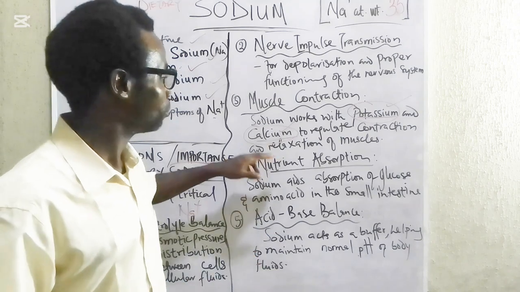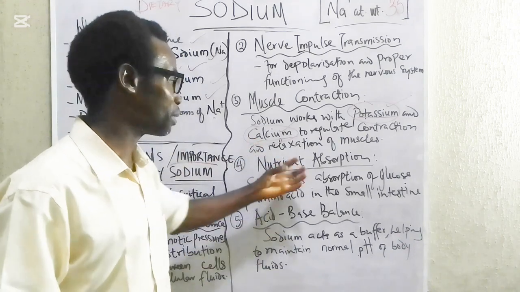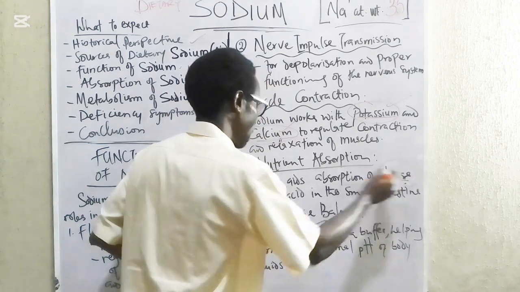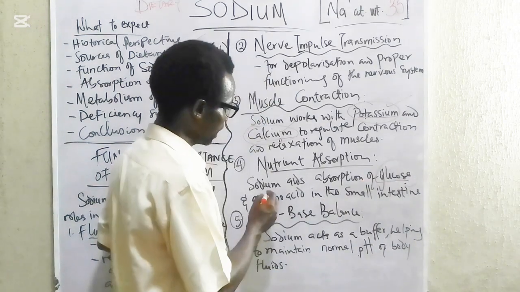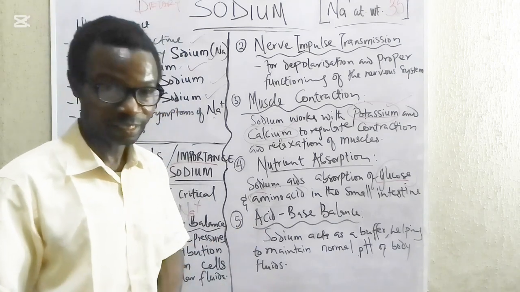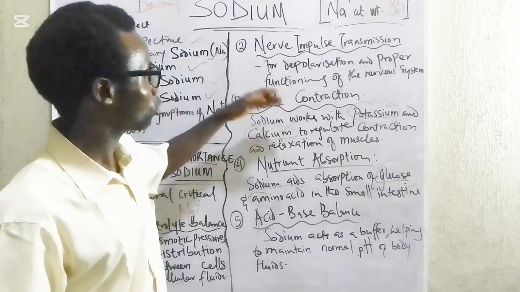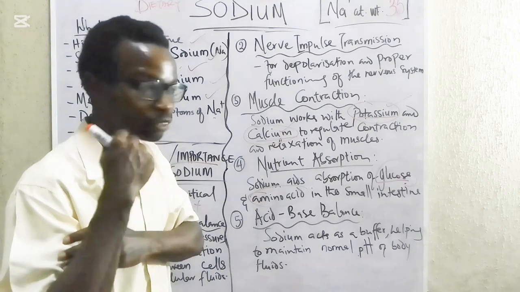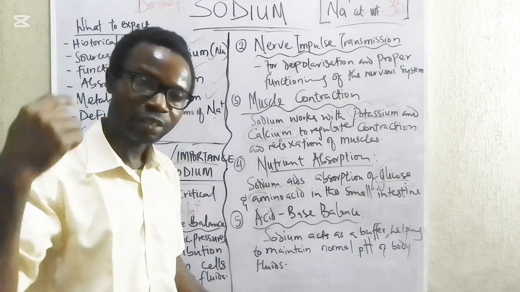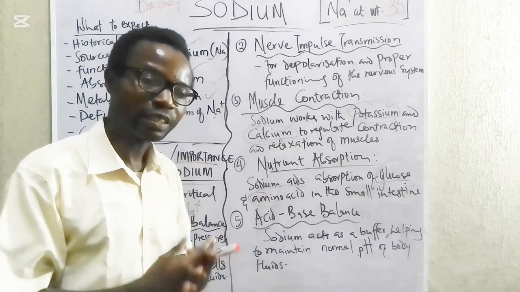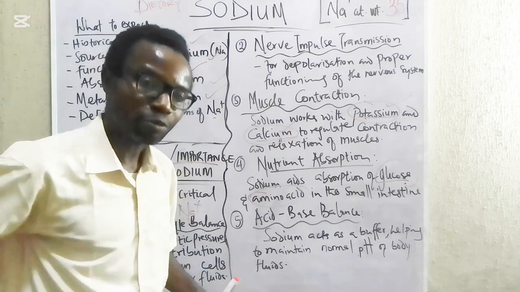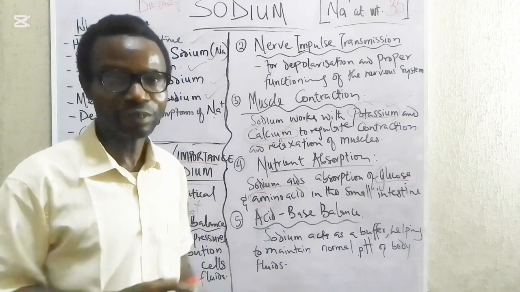Sodium also helps in absorption of food nutrients like glucose, which is a carbohydrate, and amino acids, which are the building blocks of proteins. Then sodium helps in the contraction of the muscles and transportation of impulses between the brain, the spinal cord, and the other nerve endings.